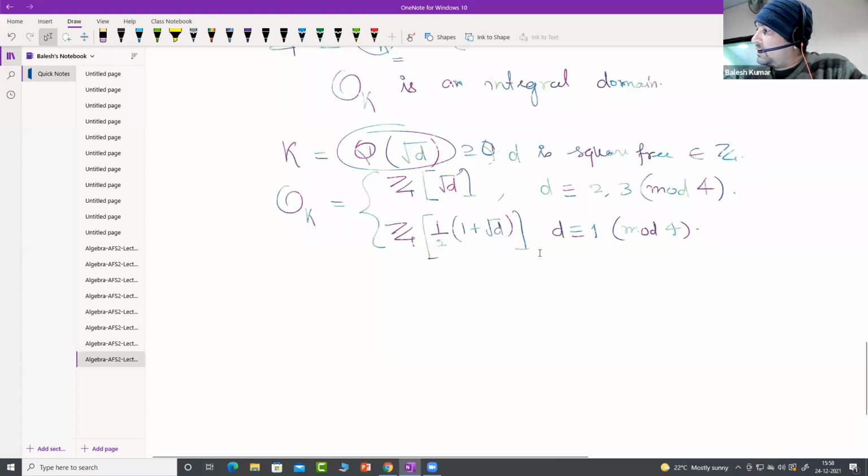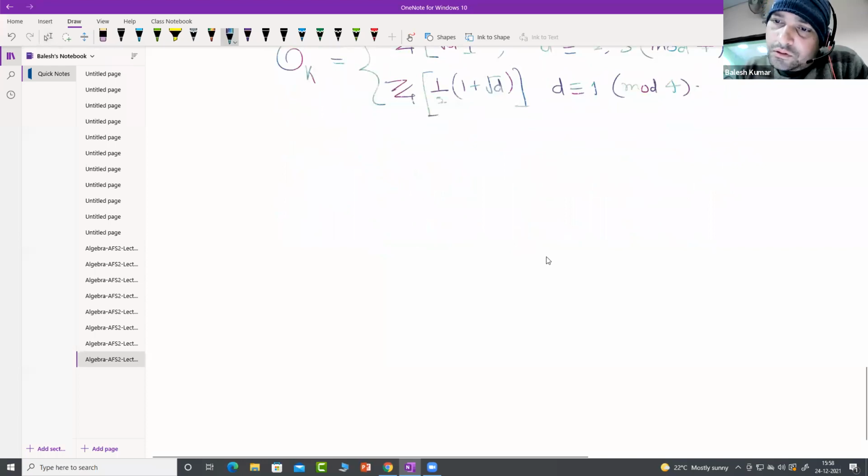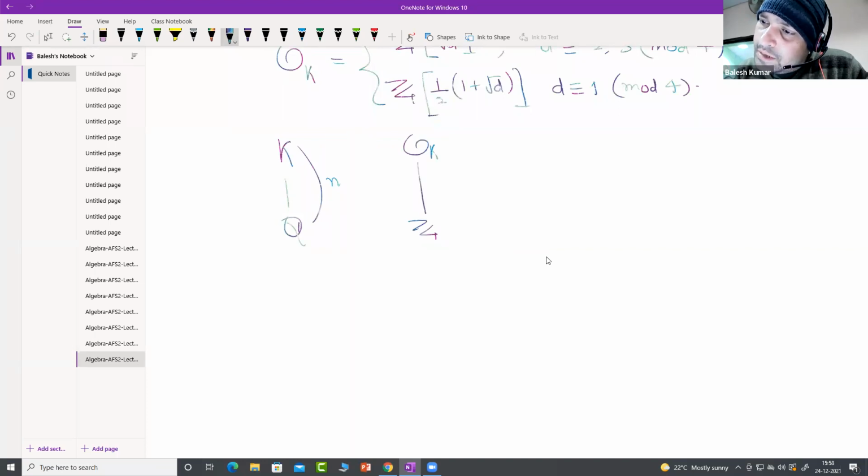Okay, so let me just say that K over Q has degree n. And if one tries to look at the corresponding generalization of integers to algebraic integers, O_K also has extension n.